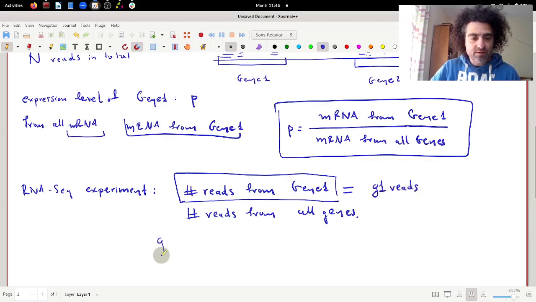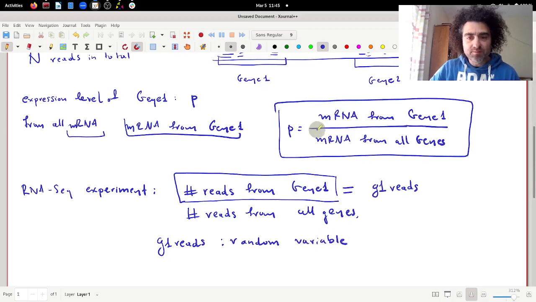So the G1 reads will actually be a random variable, and its value will depend on this P.